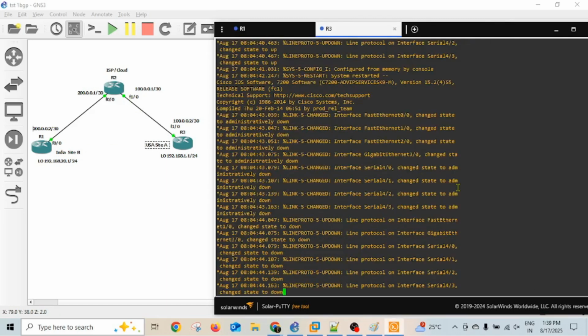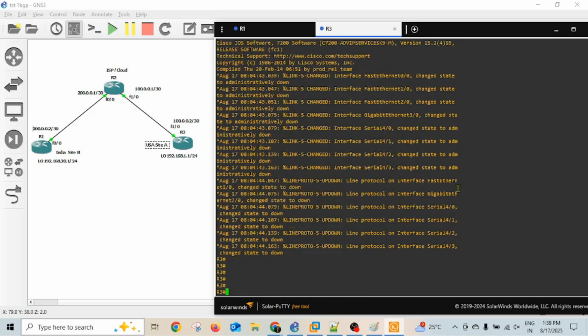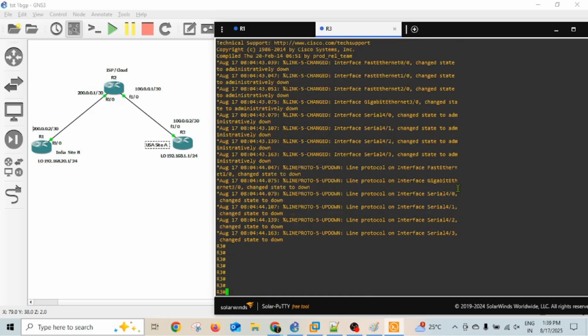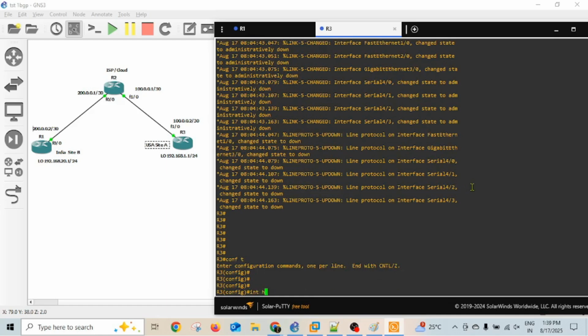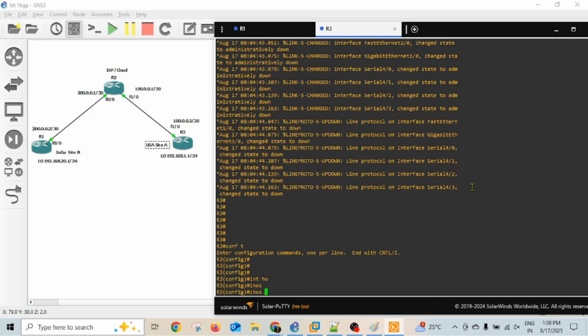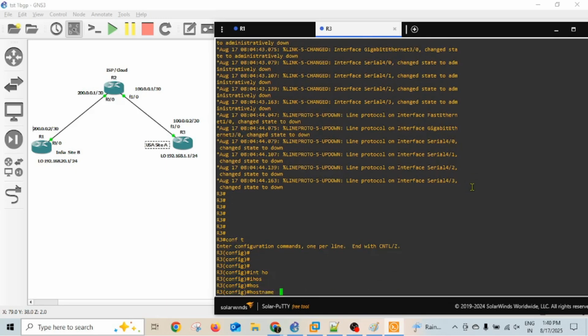Now we come to R3, because we need site-to-site VPN. Configure terminal, change the hostname to R3.